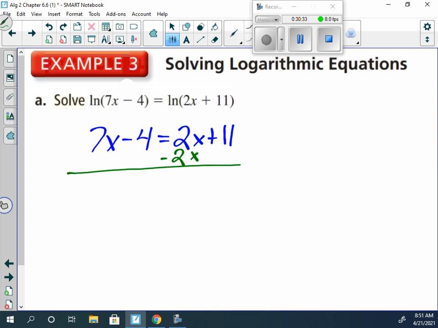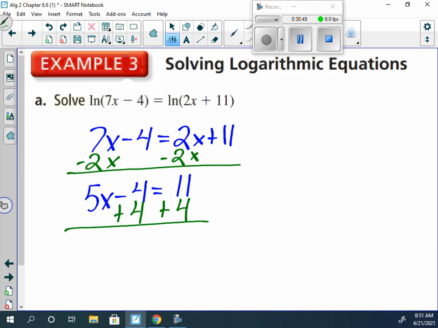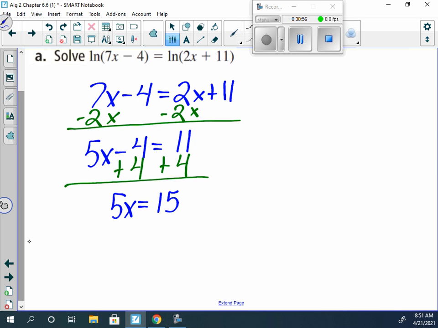I would minus the 2x, yes. 7x minus 2x is 5x minus 4 is equal to, then we would add 4 to both sides, which tells us 5x is equal to, divide by 5, and x is equal to 3.